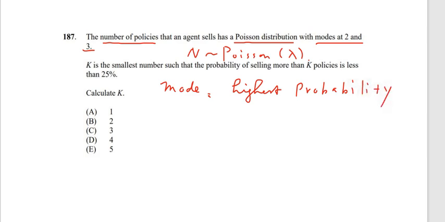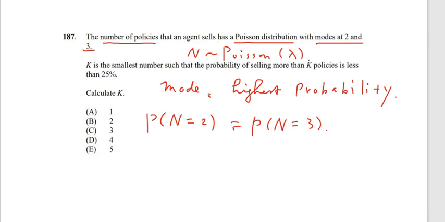Okay, so we have two modes. This means P(N=2) and P(N=3) are equal. So from here we can find lambda.